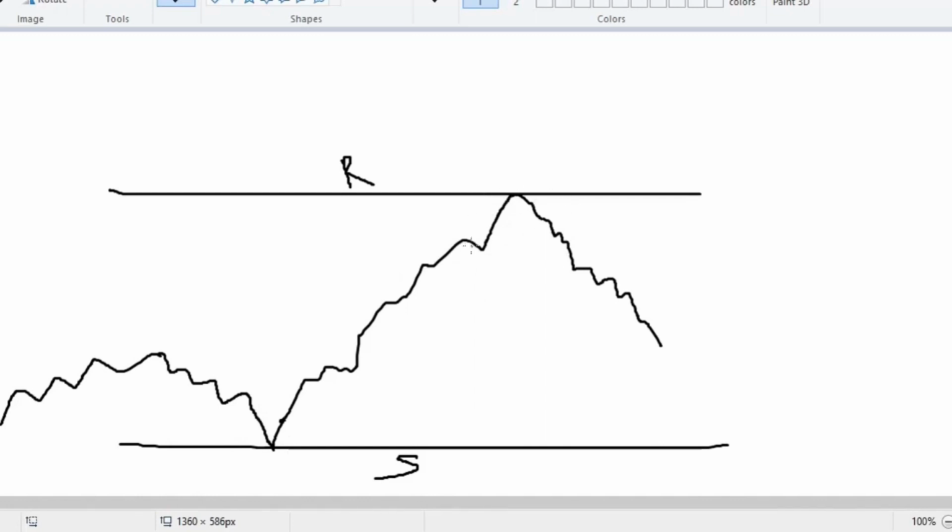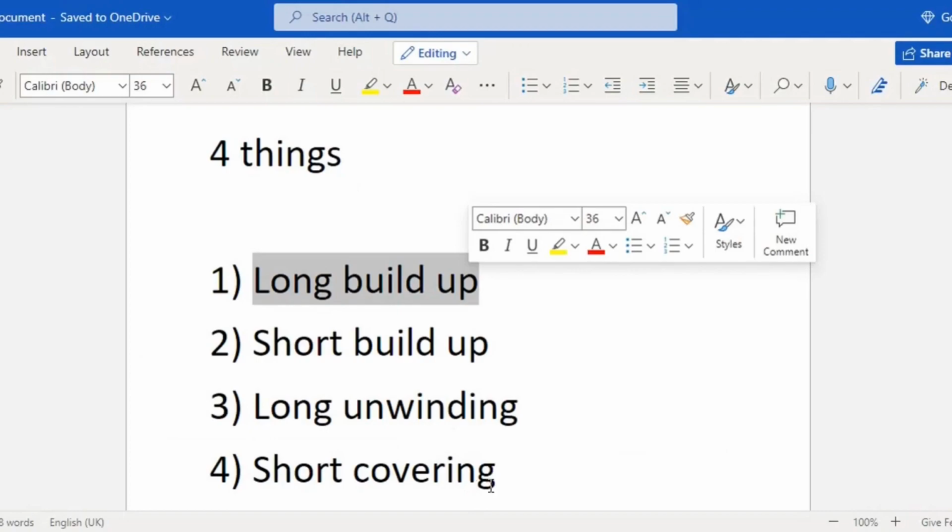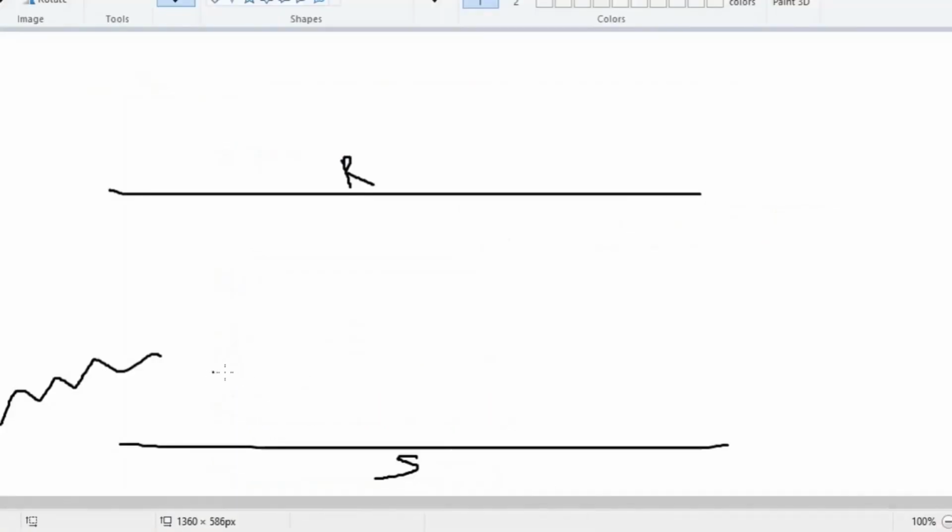Got it? All right. Now let's understand the next two concepts, that is long unwinding and short covering. Let's say the market is range bound and then it comes to support, takes the support and goes up a bit. As we discussed previously, people go long over here. So new fresh entries are made and long buildup data is increased.